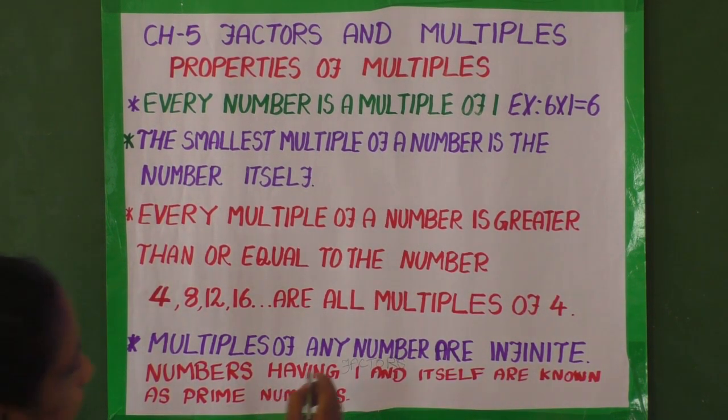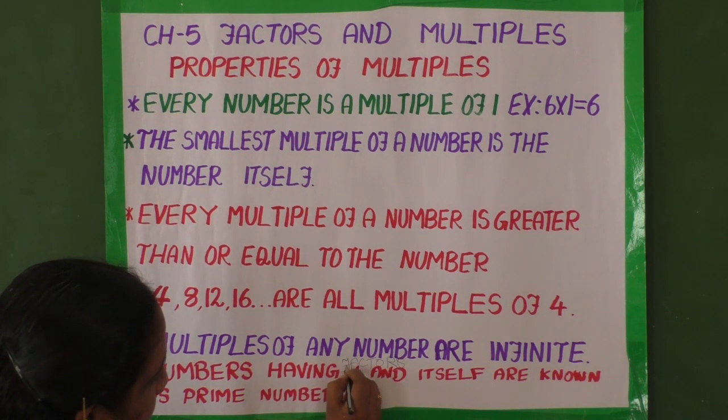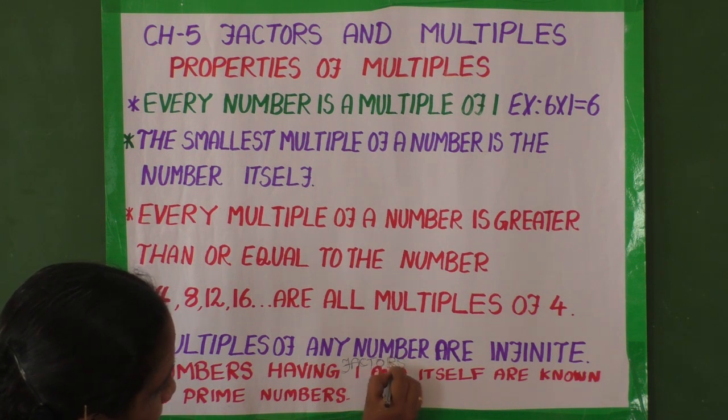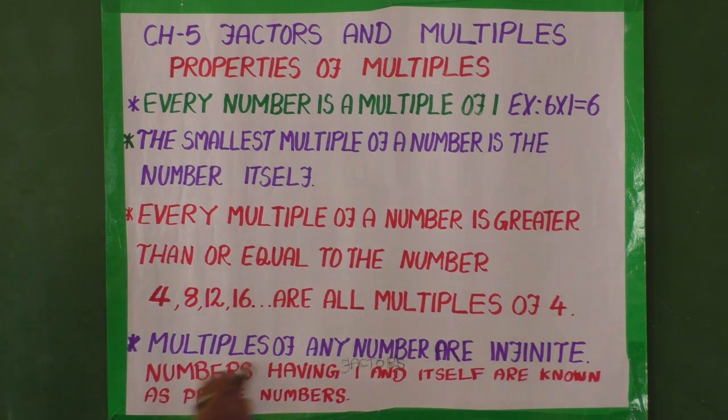Here I wrote factors, F-A-C-T-O-R-S. Numbers having factors 1 and itself are known as prime numbers. That means it has only 2 factors, 1 and itself. That kind of numbers we call prime numbers.